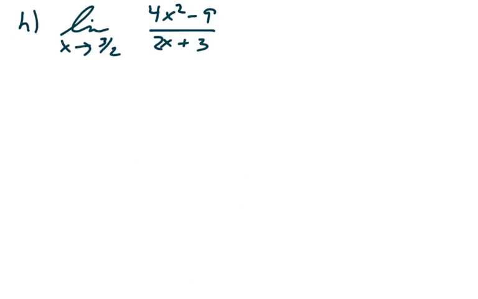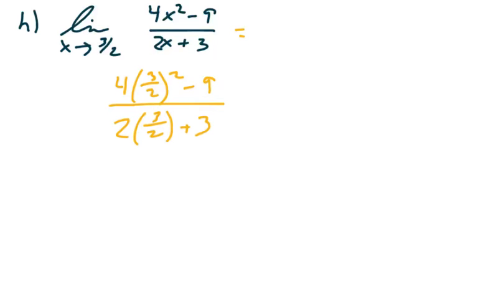Moving on to H. This is another one. Make sure you plug in first. Don't automatically try to start factoring. I mean, you can factor actually if you want here, but it's not necessary. When we plug in, all right, we've got 4 times 3 over 2 squared minus 9, and 2 times 3 over 2 plus 3.